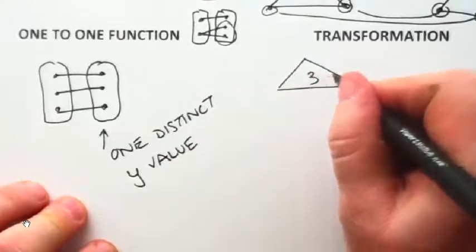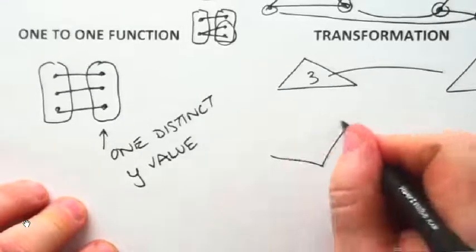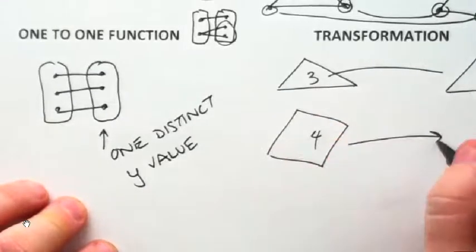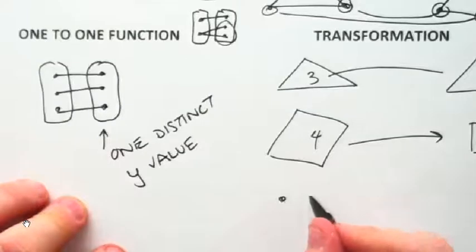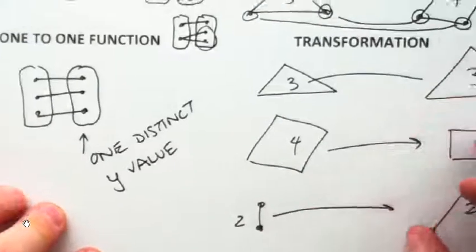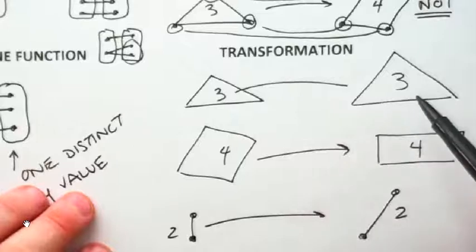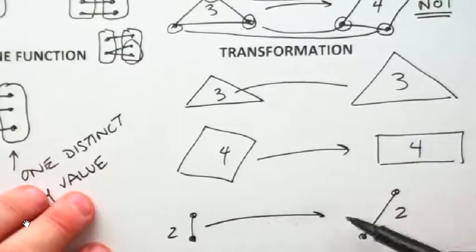In other words, 3 points go to 3 points. In other words, 4 points go to 4 points. In other words, 2 points go to 2 points. This is the world that we want to exist in because this is where we keep things consistent.